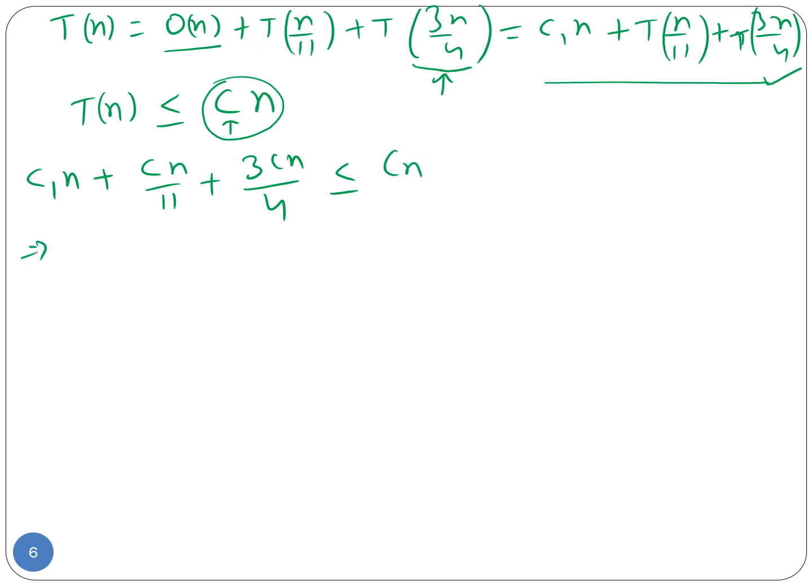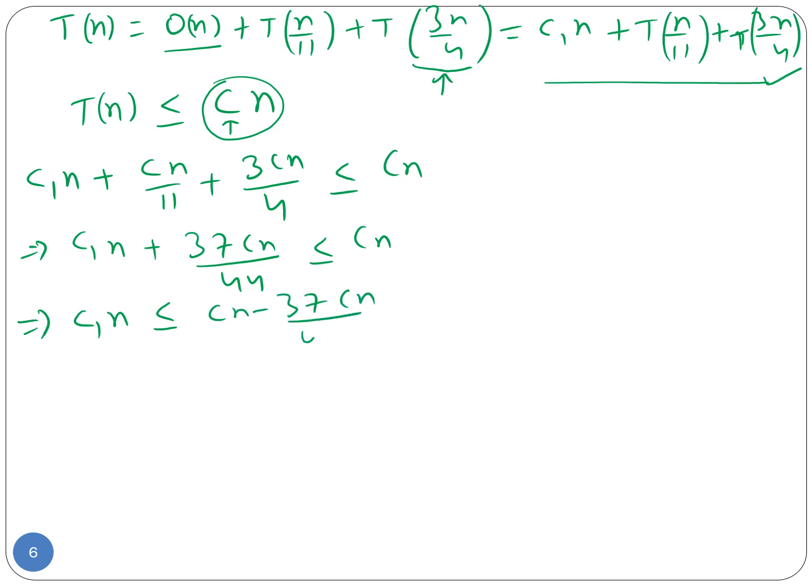So this basically implies that C1n plus, if we add this, we get 37 times Cn divided by 44 should be smaller than or equal to Cn, which is basically C1n should be less than or equal to Cn minus 37 times Cn by 44, which is basically 7 Cn by 44.